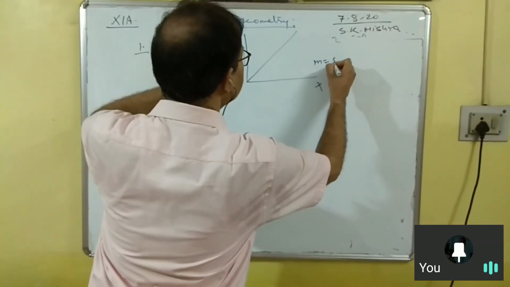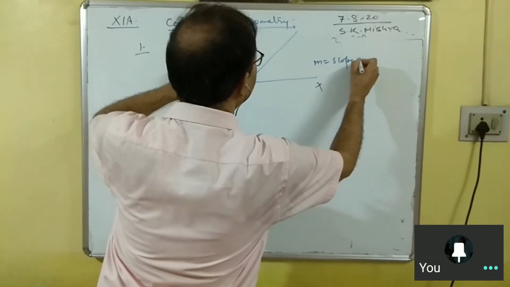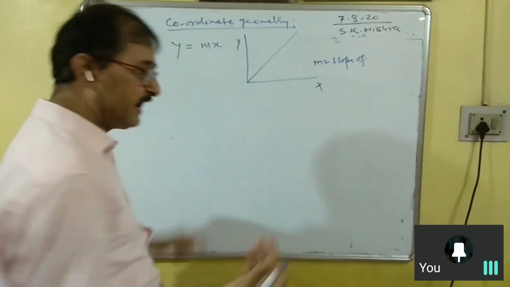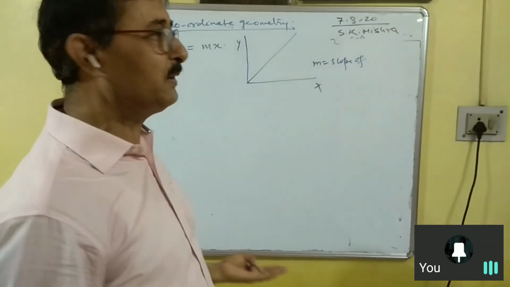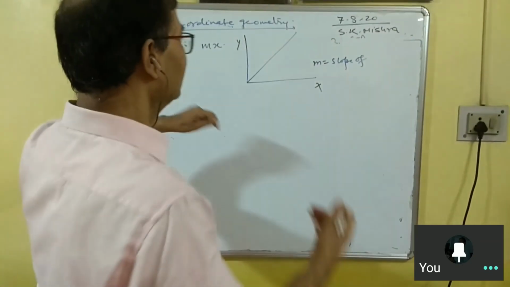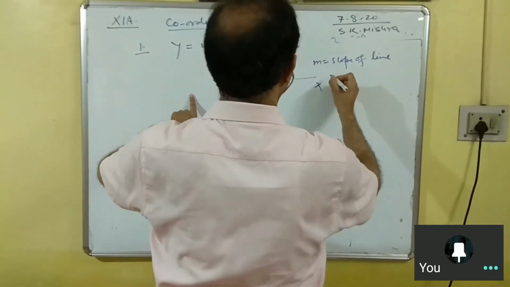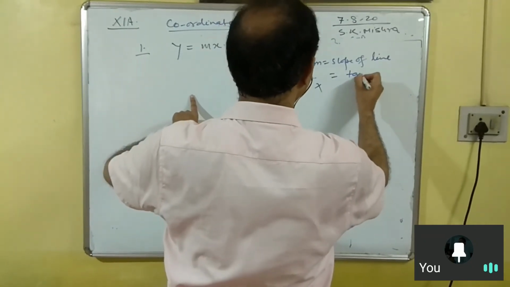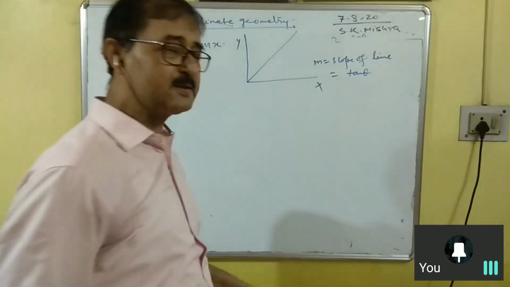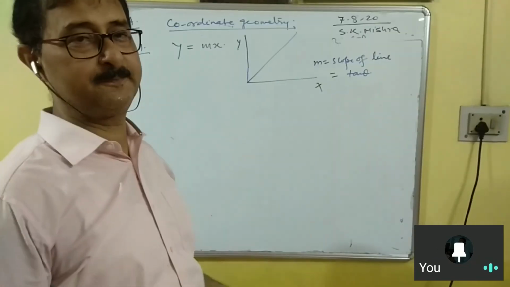M is the slope of the line, actually the slope of the tangent. If you draw the tangent on a straight line, it will be along the straight line only. So the slope of the line is equal to tan theta. Tan theta means perpendicular by base.